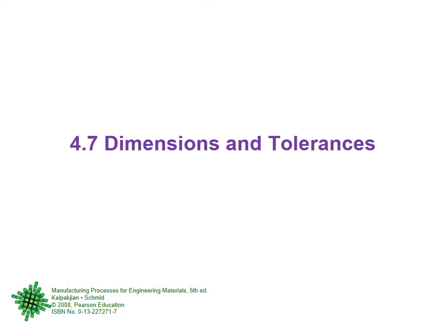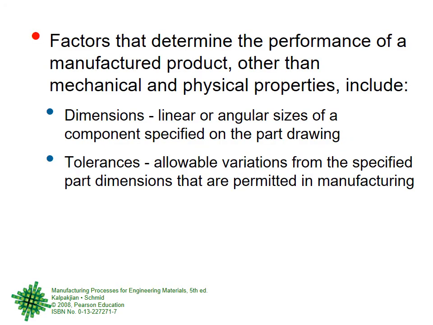Now, just a little about dimensions and tolerances. All of you have done a full course on engineering drawing, so this chapter of dimensions and tolerances is definitely covered there. But very quickly, just to revise, related to measurements and quality. Factors that determine the performance of a manufactured product, other than mechanical and physical properties, include dimensions and tolerances.